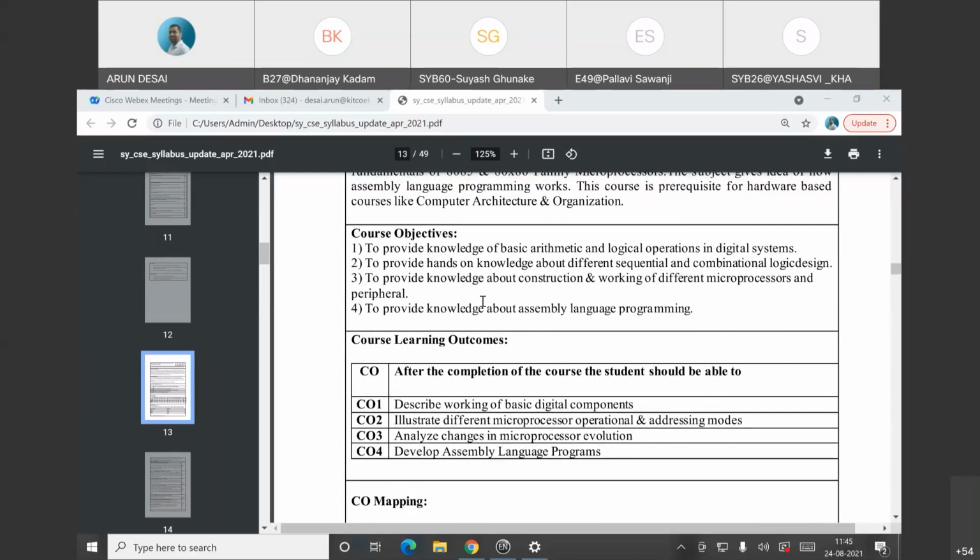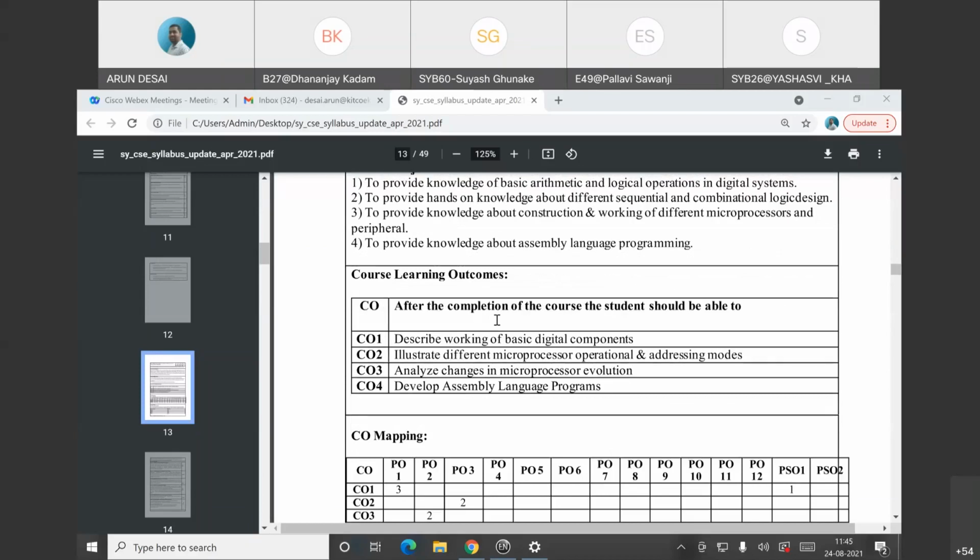But before that, there is a course learning outcome on your screen that you need to go through first. What the outcomes for this subject are: describe the working of basic digital components, then different microprocessor operations and addressing modes, which we are going to see as well.